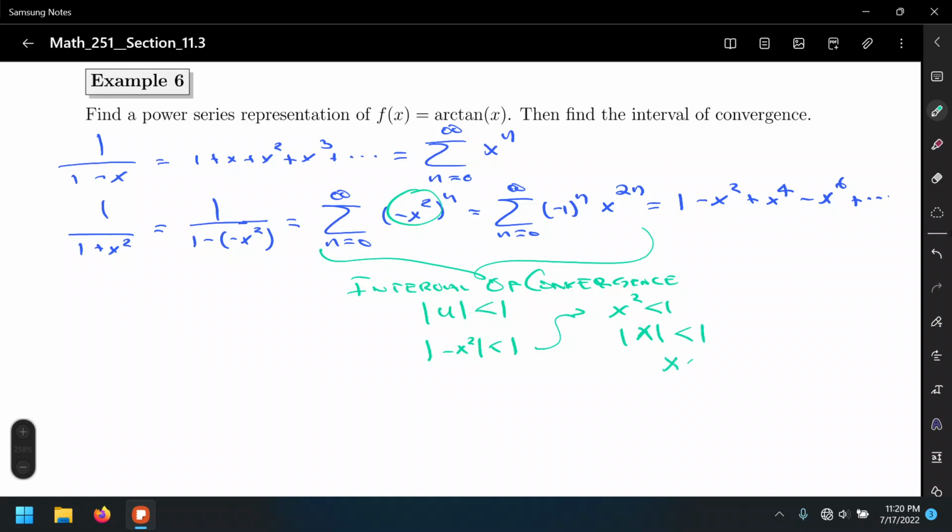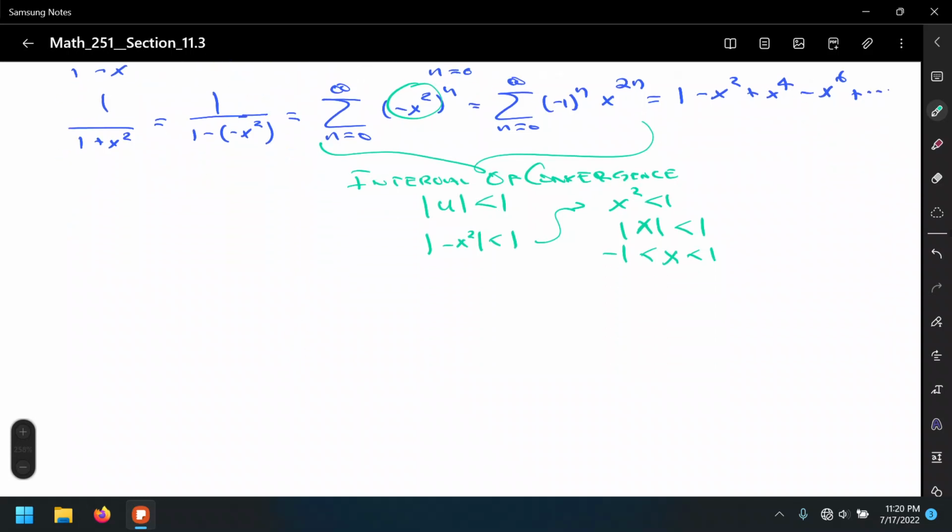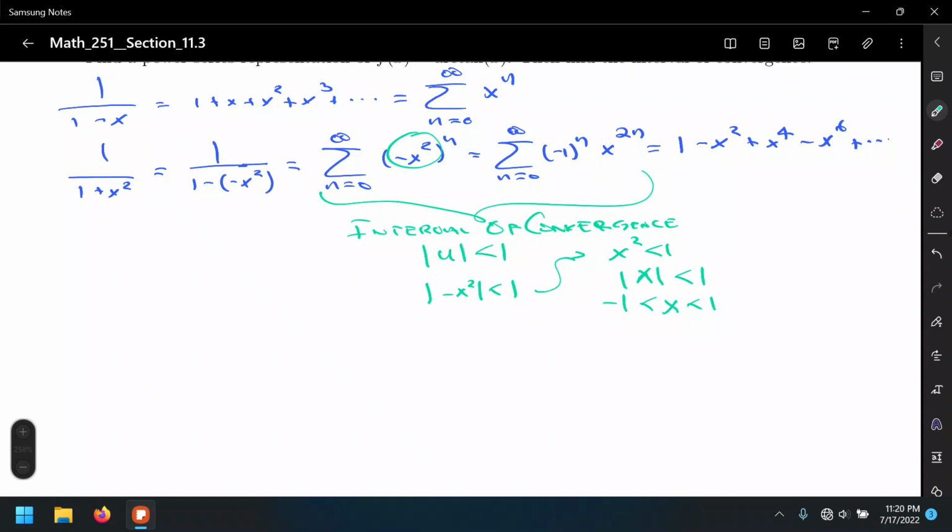And then by the definition of absolute value inequalities, x is less than 1 and greater than -1. That means the potential interval of convergence is -1 to 1 exclusive.